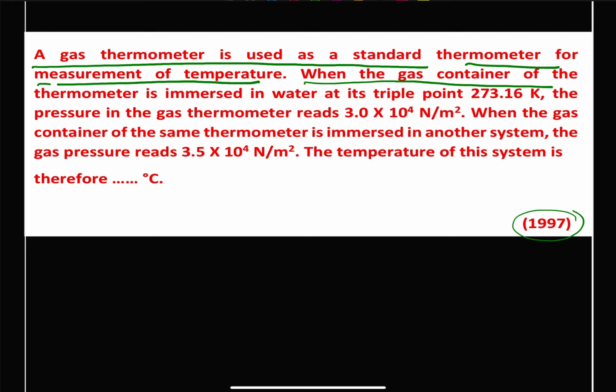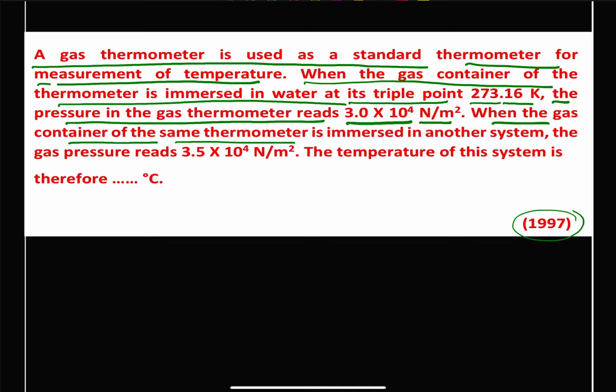When the gas container of the thermometer is immersed in water at its triple point 273.16 Kelvin, the pressure in the gas thermometer reads 3 into 10 to the power 4 Newton per meter square. When the gas container of the same thermometer is immersed in another system, the gas pressure reads 3.5 into 10 to the power 4. The temperature of this system is therefore.